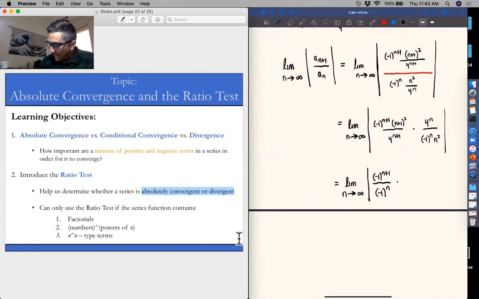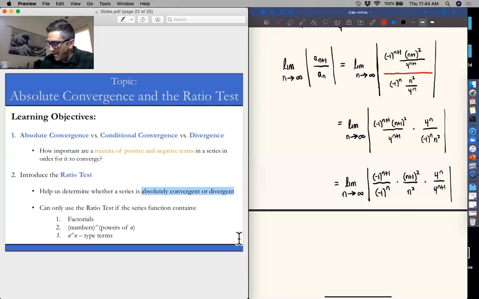I'll take the (n+1)^2 and put it over the n^2 term. And I'll also put the 4^n term on top of the 4^(n+1). Just so when we start canceling things out, the algebra works out a little easier, or maybe I'm just less prone to make mistakes.